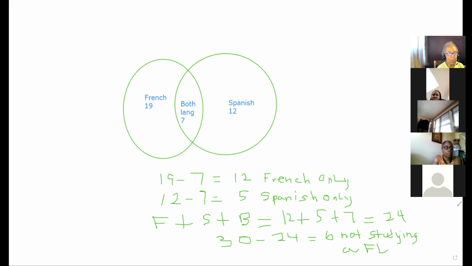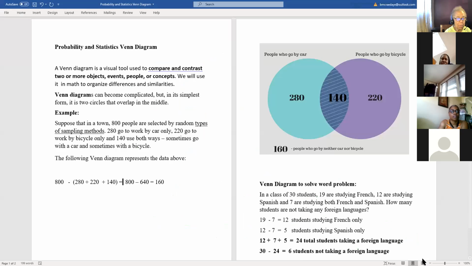Any questions? If you had a word problem, you didn't really have to draw the Venn diagram. You could have solved this without the Venn diagram. Right, here we go. You could have just done like I did here.